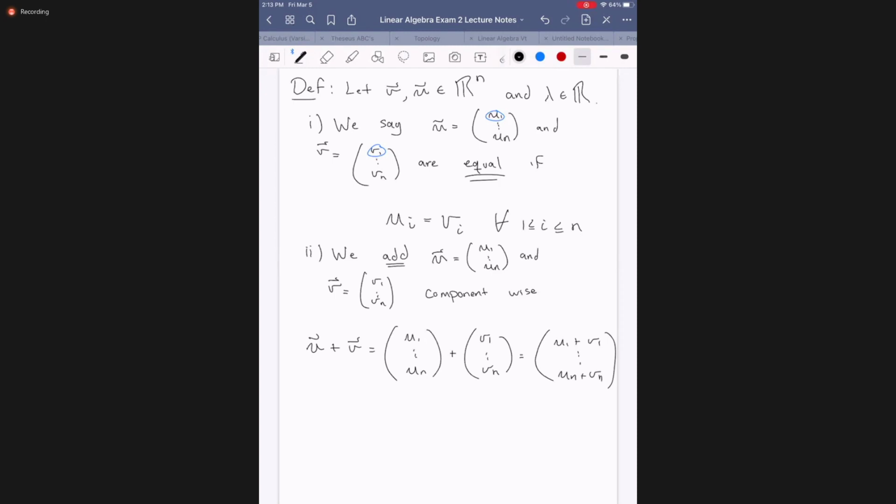And then last but not least, what does it mean to multiply a number, or a scalar, with the list? We multiply by a scalar, in this case lambda, to the list V component wise.